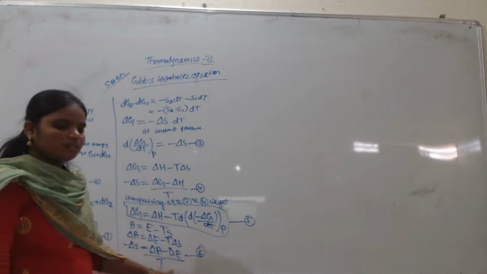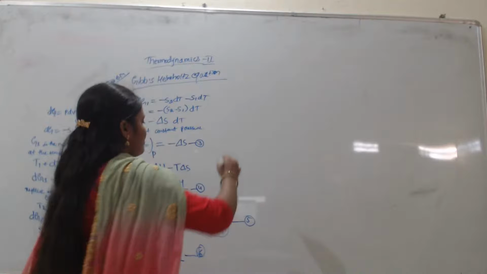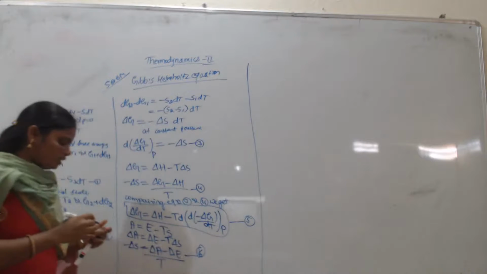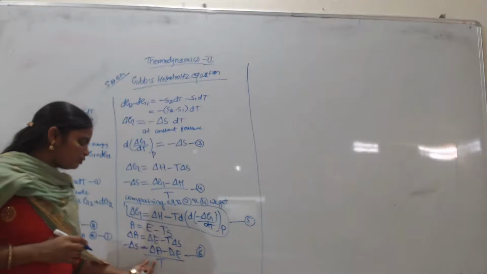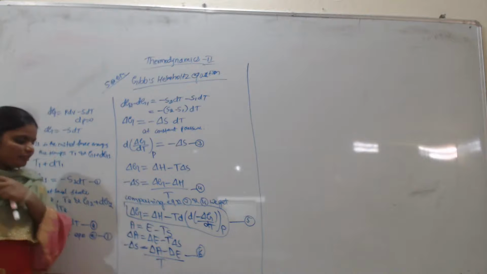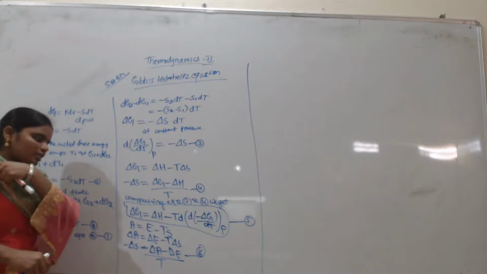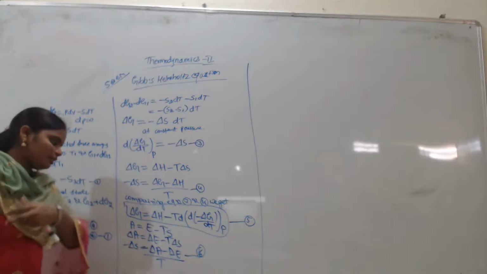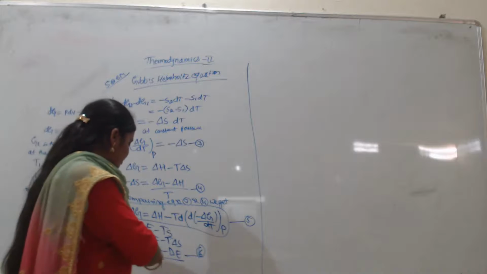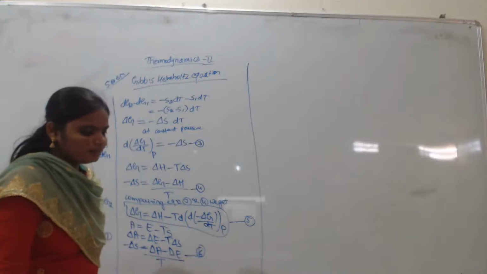Continuing, minus delta S is equal to delta A minus delta E by T. Rearranging this equation, delta A is equal to delta E minus T into delta S. Afterwards, minus delta S is equal to delta A minus delta E divided by T.